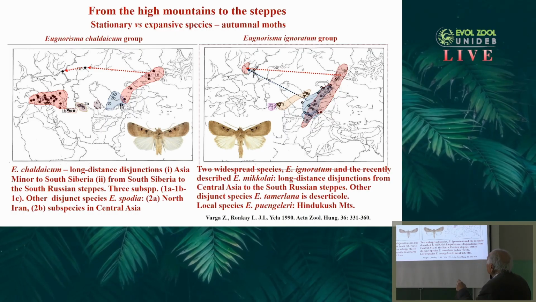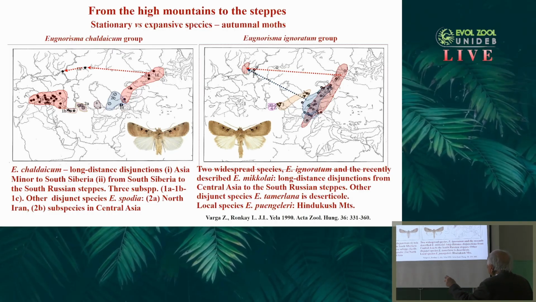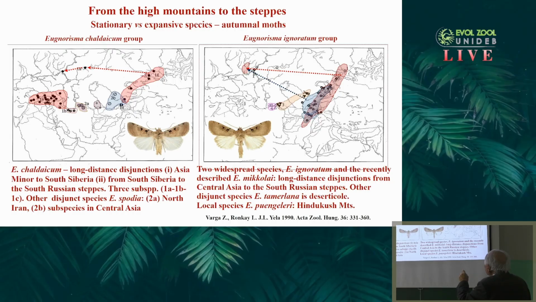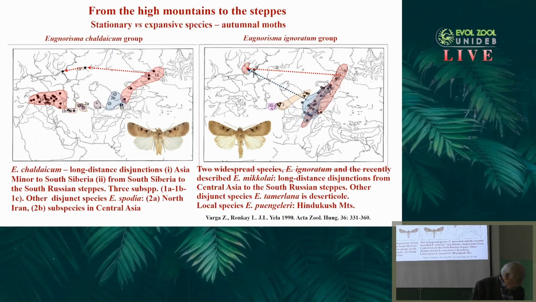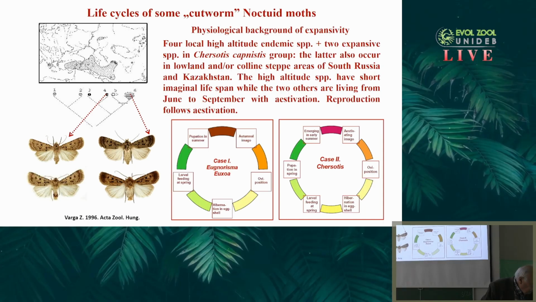And this pattern is iterating into phylogenetically independent groups. What is the explanation of these patterns? And this is the next step.